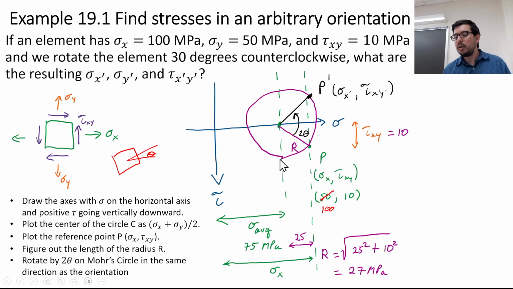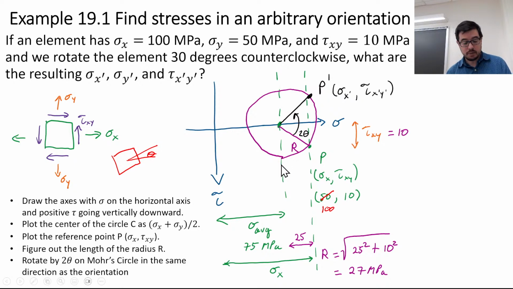And remember, we said when you're in the state of maximum in-plane shear stress, we have a sigma average. Look, this is sigma average, right? At the top or the bottom, that's where I have my state of maximum in-plane shear stress.